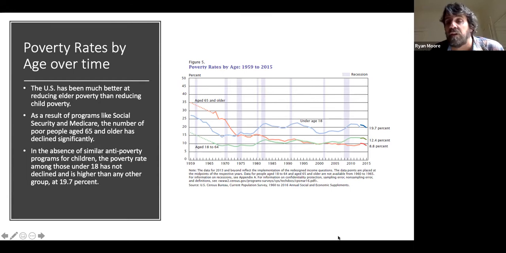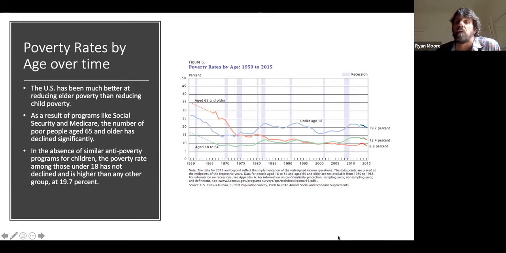That red line has declined below the levels of child poverty and below the level of just adult poverty. And so elderly poverty is now, thanks to programs like Social Security and Medicare and public policies that have been designed to take care of the elderly, having had a huge impact on reducing the poverty among people of 65 and older.